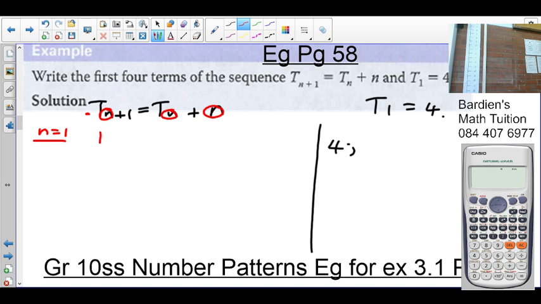So what's 1 plus 1? 2. You guys are clever. T2 equals T1 plus 1. T1 is what? 4. So that's going to give you 4 plus 1, which is 5.